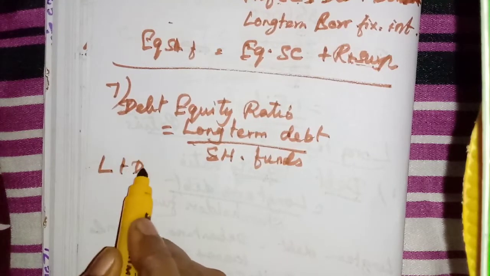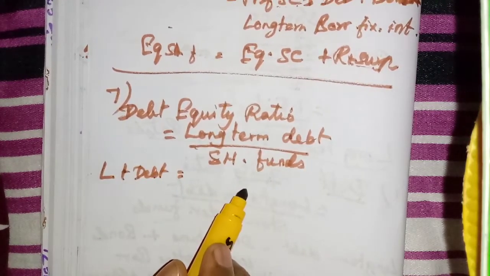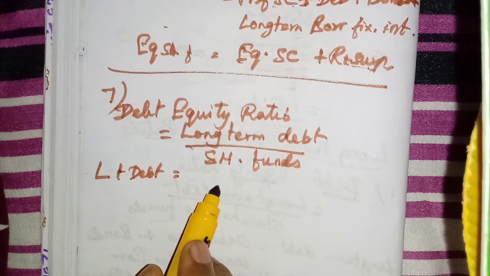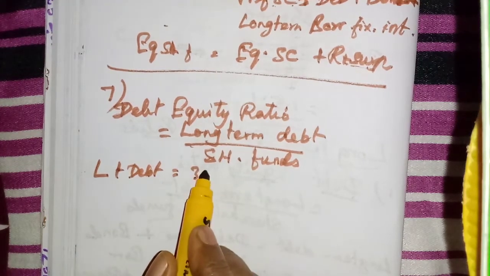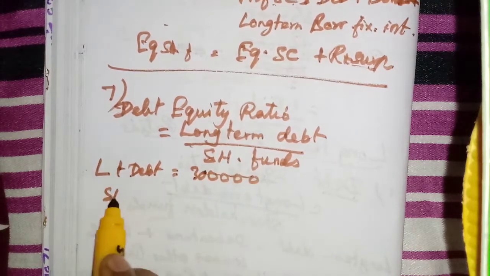On the liabilities side we have to see. Long-term borrowings are given, isn't it? That is called long-term debt. 3 lakh is given. Then shareholders funds.